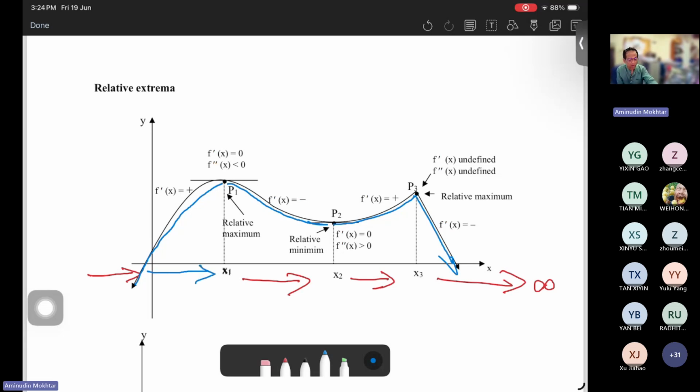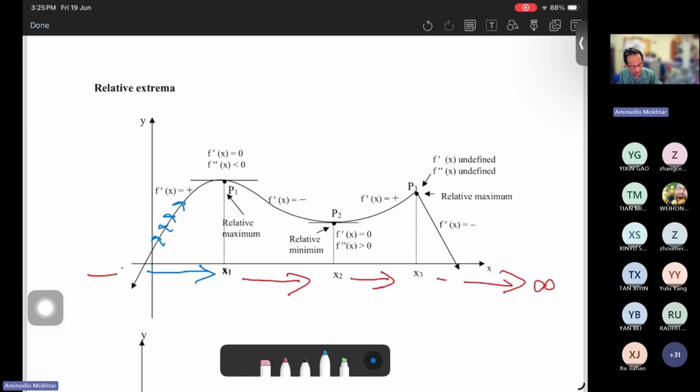When the value of x increases, the value of the function y also increases.